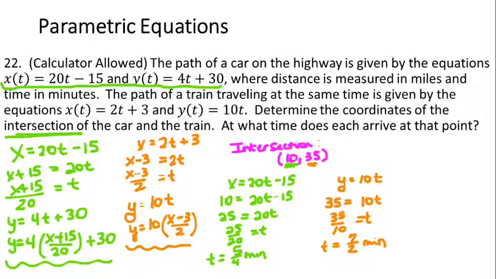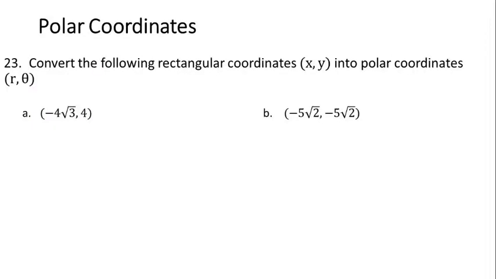of paths. All right, last question, and this was the question left off the original review. Hopefully you have this. We need to be able to convert rectangular coordinates into polar coordinates. So here on A, I've got -4 square root of 3, 4, and I want to convert that to an r and a theta. First thing I'm going to do is just plot this point on a coordinate plane.